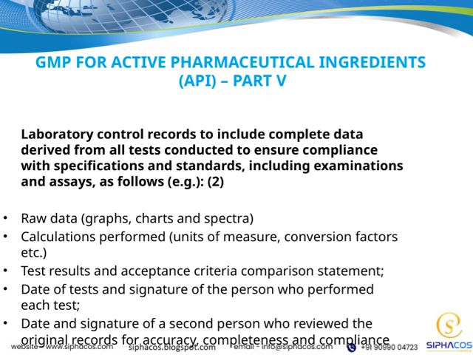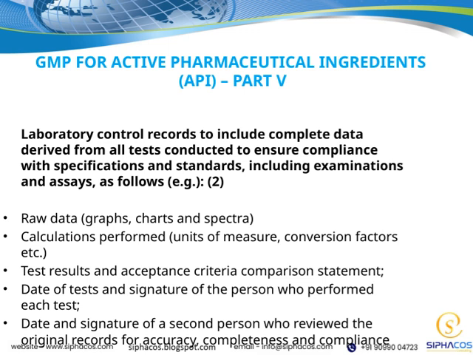We also need a clear comparison of test results against the acceptance criteria, along with a statement confirming whether the product meets the specified standards. This comparison is crucial for quality assurance. Additionally, each record should include the date when the test was performed and the signature of the person who carried it out.